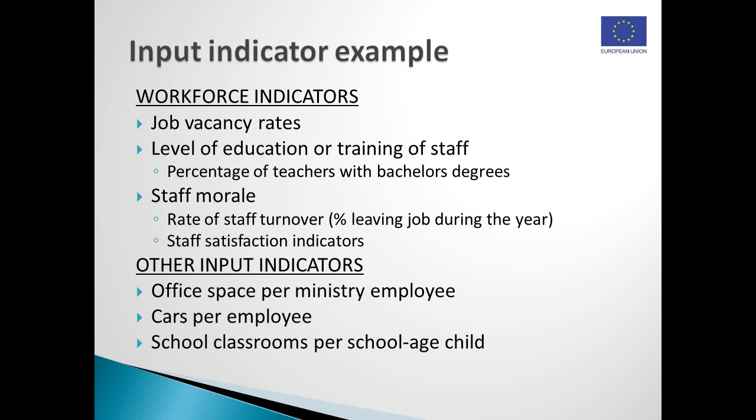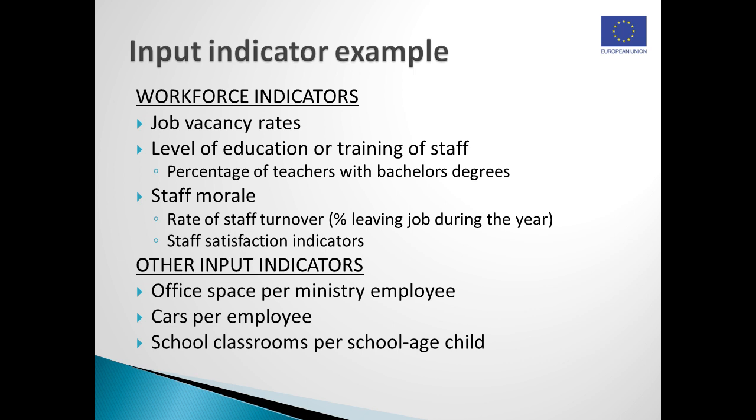Staff morale indicators can be important, particularly in organisations which really depend upon active staff engagement to produce a good service. And here, for example, a useful indicator is a turnover indicator, the percentage of your staff who are voluntarily leaving the job during the year, or a staff satisfaction indicator based on surveys of what the staff think of their management and the job.